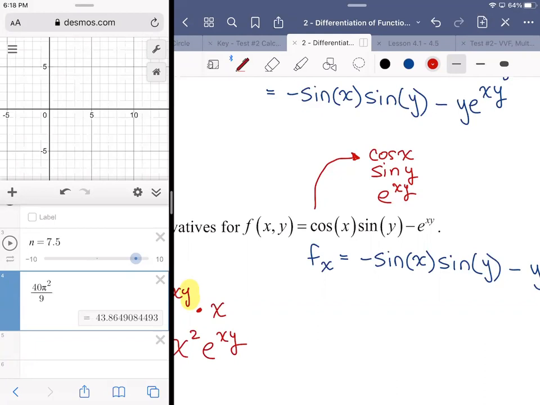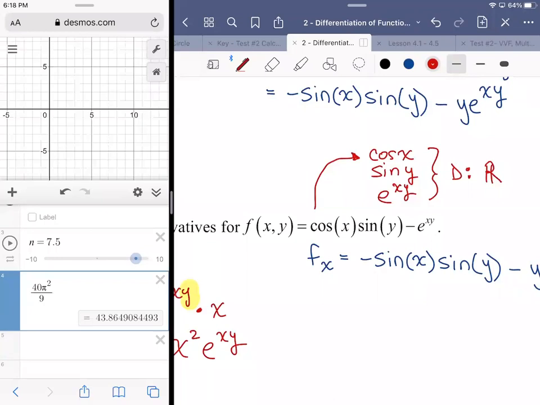In each case, the domain, now the domain is different conceptually in each case, because the domain is related to x in the first function, y in the second function, and both x and y in the third function. But I'm just going to write very simply here all real numbers, because I'm not going to do too much more than what the question's asking, but I do want to have it in mind what the domain is here.